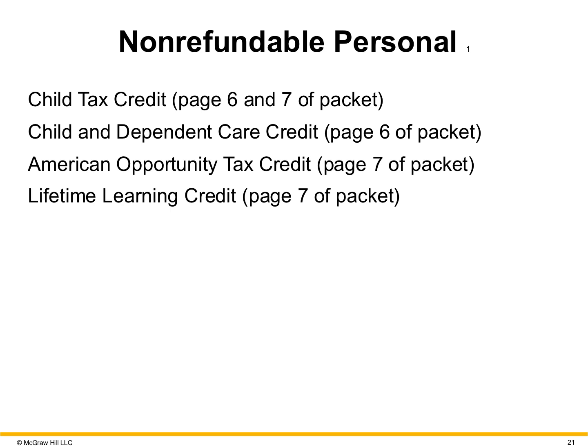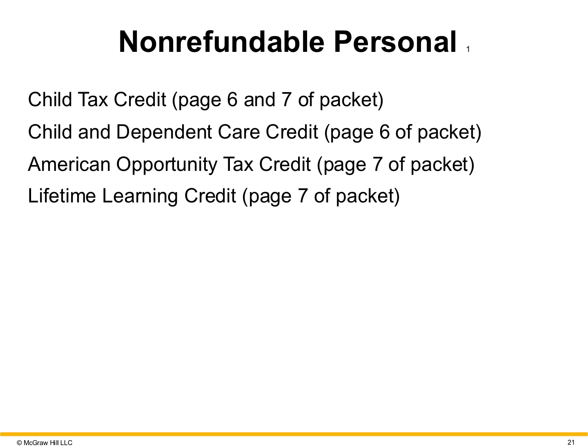Who is defined as a dependent for the child and dependent care credit is anyone under the age of 13 or someone who is disabled. The amount of the credit is based on the amount of the taxpayer's expenditures paid to provide care for one or more qualifying persons.